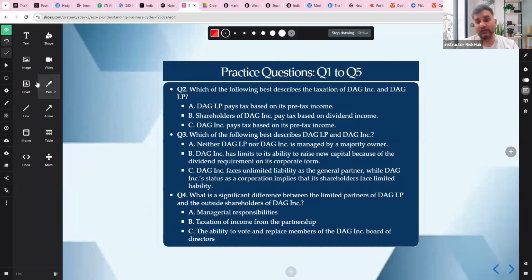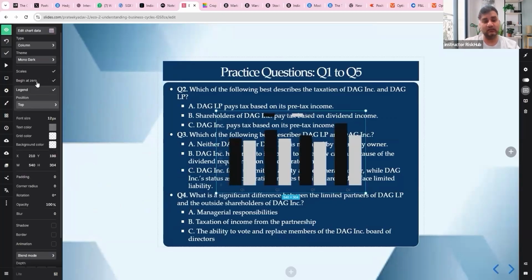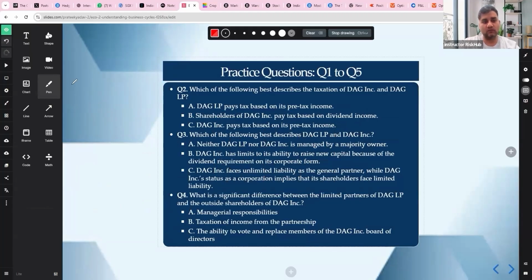Which of the following best describes the taxation of DAG Inc. and the LP? When we read the question, it was clear that DAG Inc. is a special corporate form, pays no corporate tax.